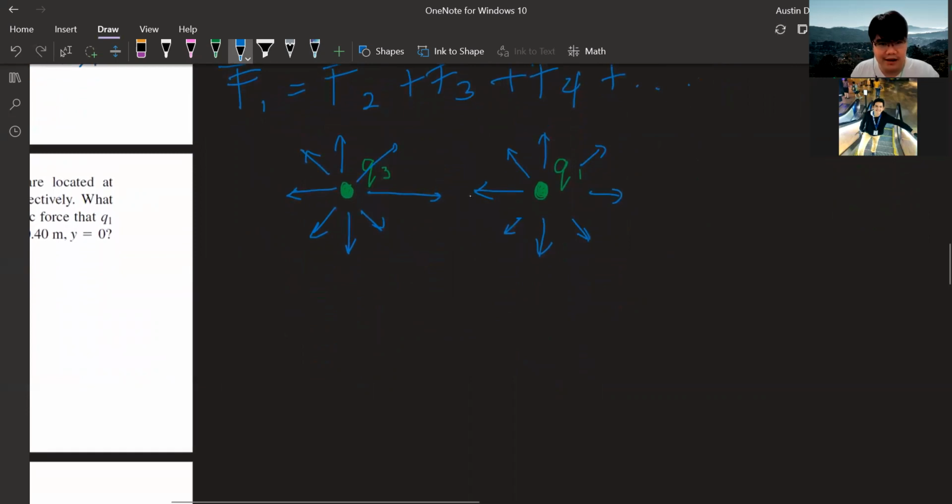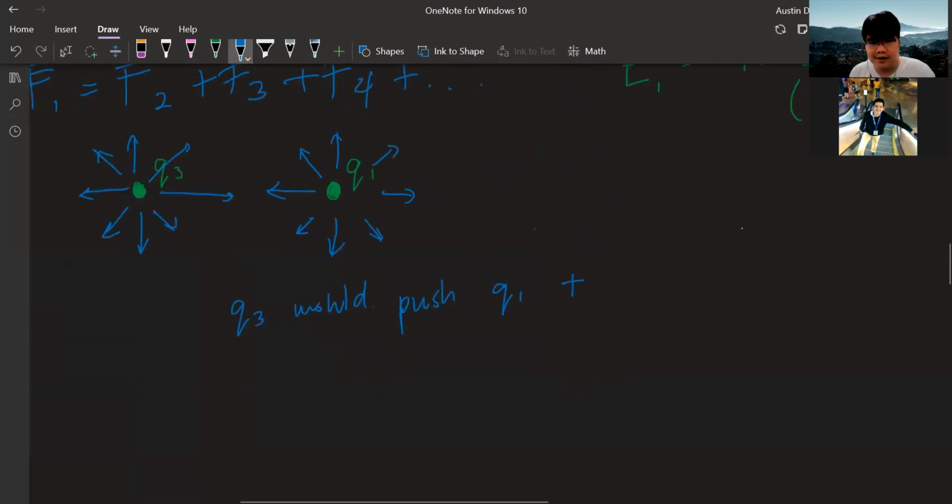Ngayon, tingnan nyo maigi kung paano yung forces, paano yung fields nila, or forces na lang. Sige, isipin nyo. Pwede rin naman kasing direction of forces itong mga to. So, how would Q3 affect Q1? It would push it towards plus x. Q3 would push Q1 to the positive x.